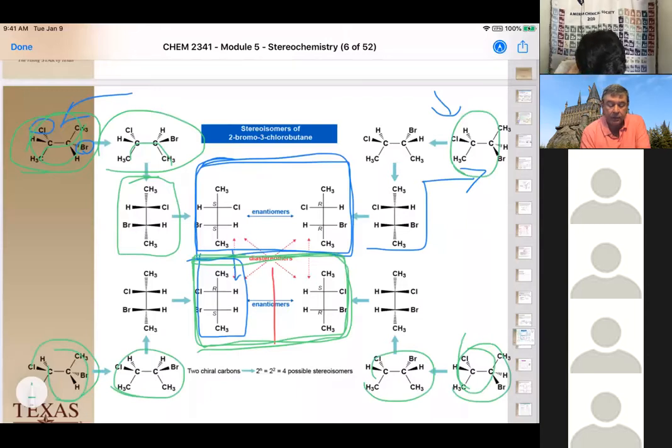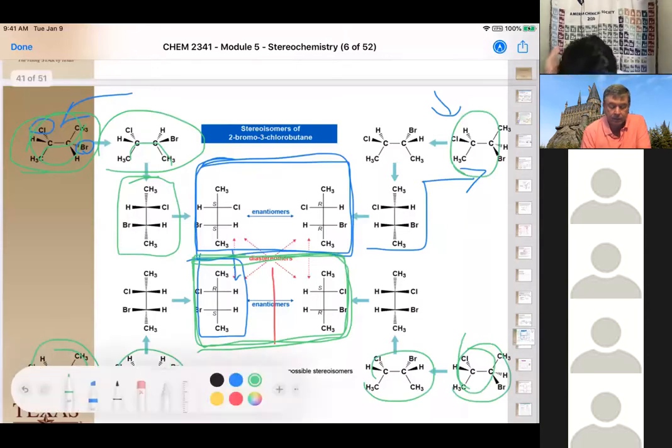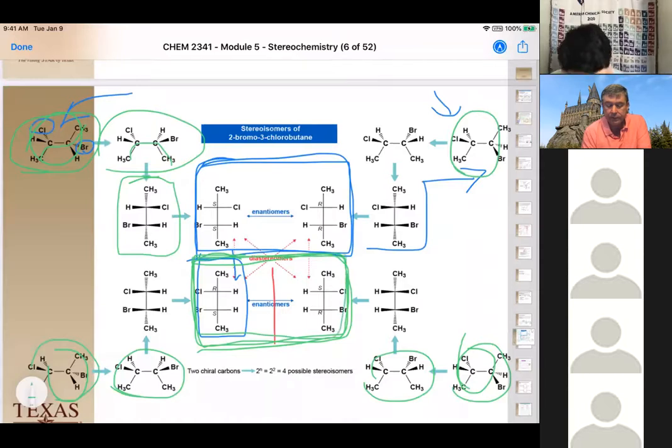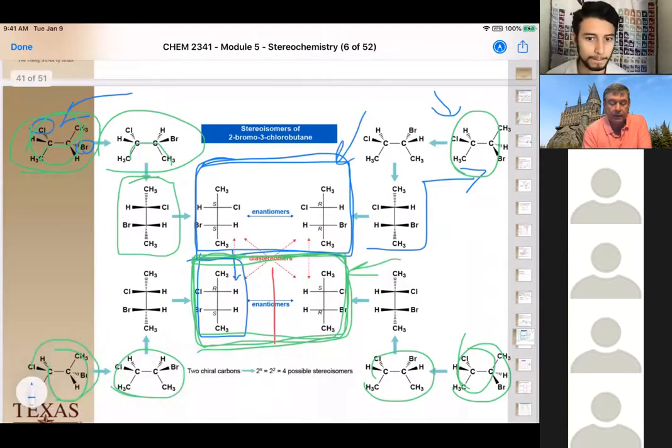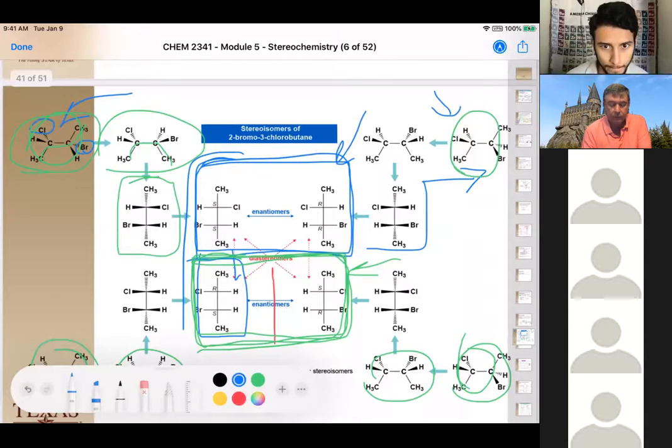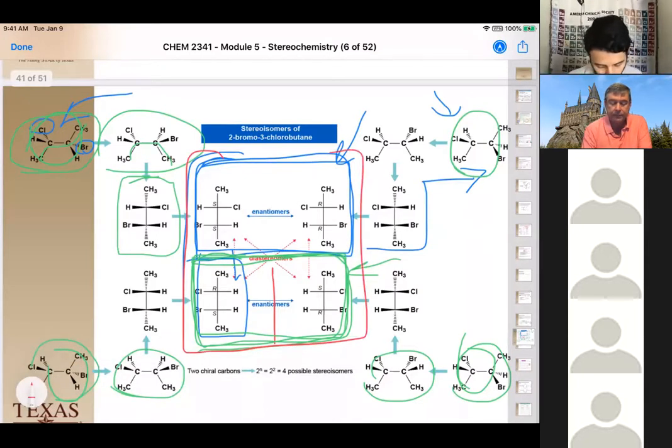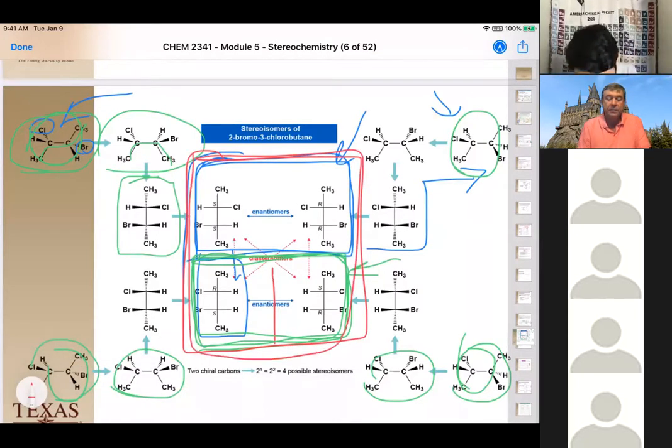And here's how they're related. This pair here is an enantiomer pair. This pair here is an enantiomer pair. This set of all 4 are our diastereomers. So this is all 4 stereoisomers available to us in 2-bromo-3-chlorobutane.